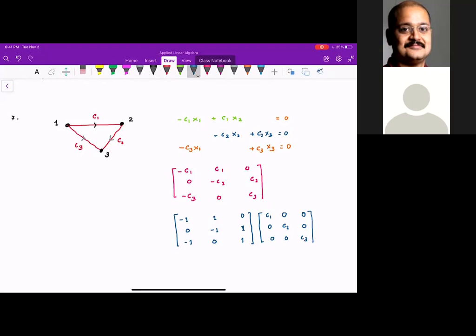And then what you can do is you can actually compute the incidence matrix A transpose. So this is your A. So you can actually compute A transpose C A, and I would encourage you to do this in MATLAB real quick. So put this matrix and verify my answer.